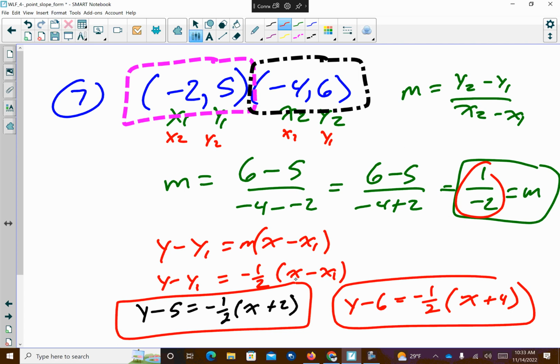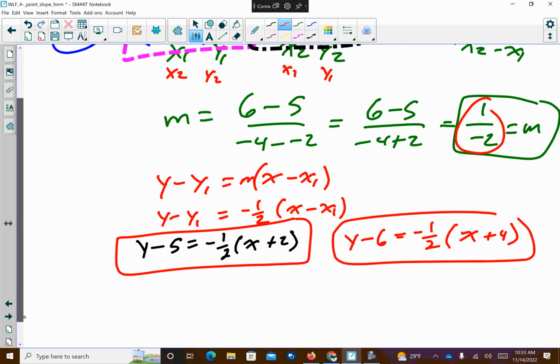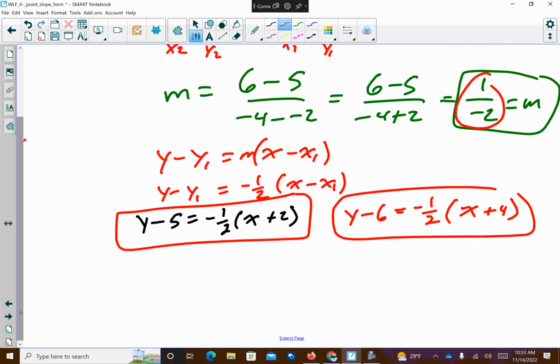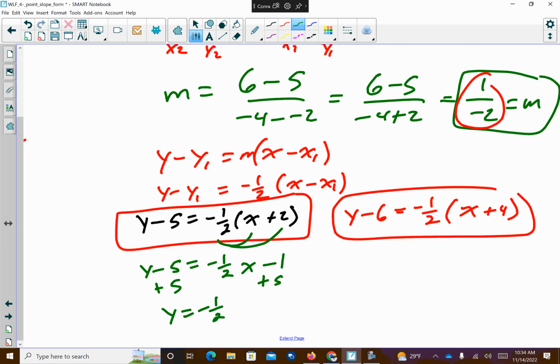If I solved both of those for y, this is how it works. So that's as far as you can go, but I want to show you this. I'm going to distribute half over. Half of 2 is 1. Add 5, add 5. So I get y equals negative 1/2 x plus 4. If I did the same thing here, distribute, distribute.